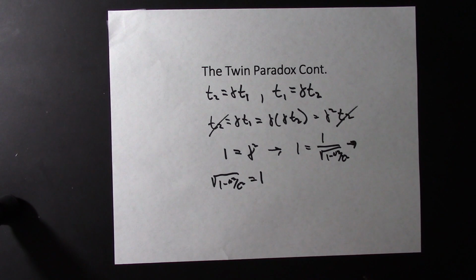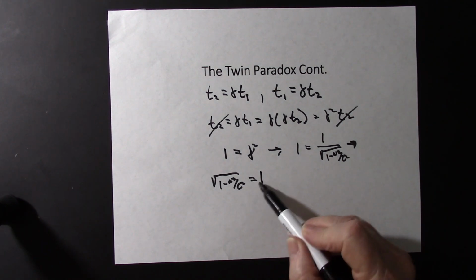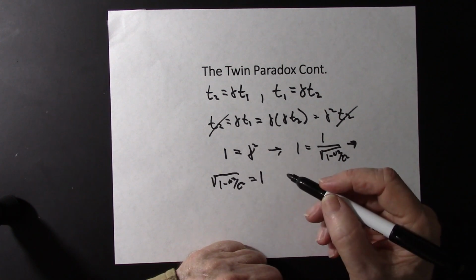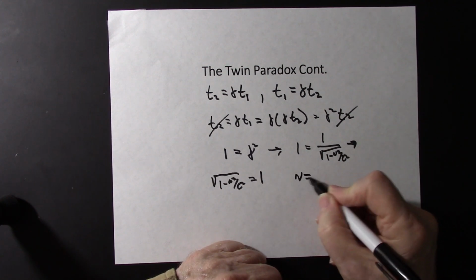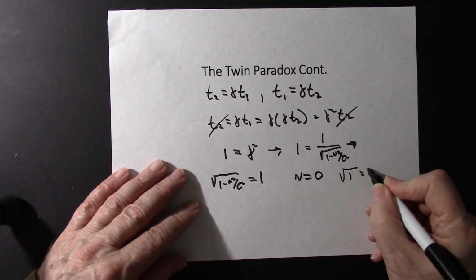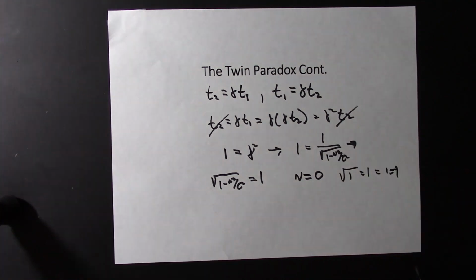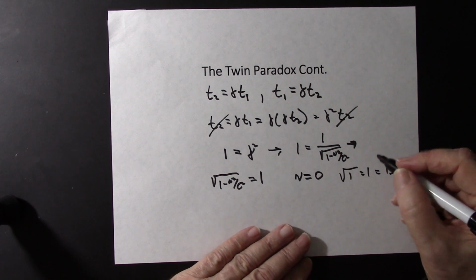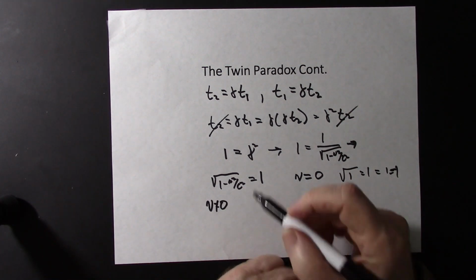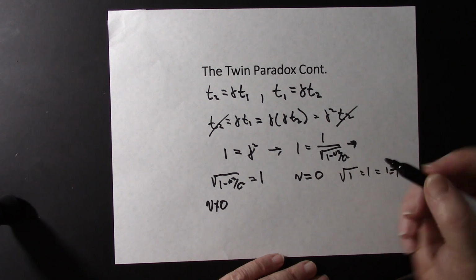And we want to ask the question, well, how do we make this equation true? It's pretty clear that in order for this equation to be true, v would have to be equal to 0. If v is equal to 0, then you get the square root of 1 equals 1, which is true. What happens, though, when v does not equal 0? Well, let's see. Say that v equals 3/5 c.